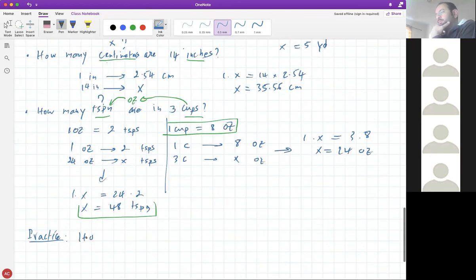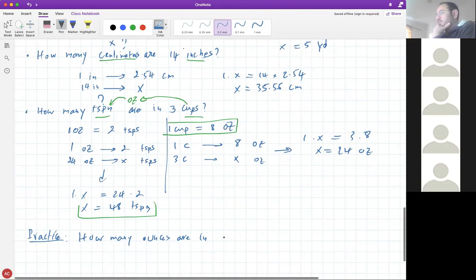How many ounces are in, for example, 25, or maybe 48 pounds.